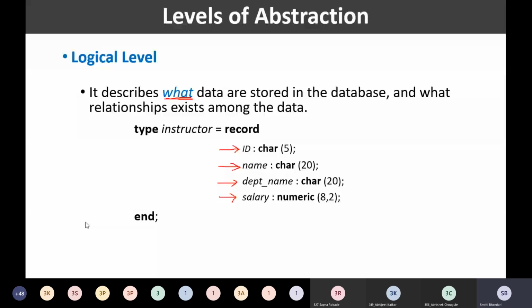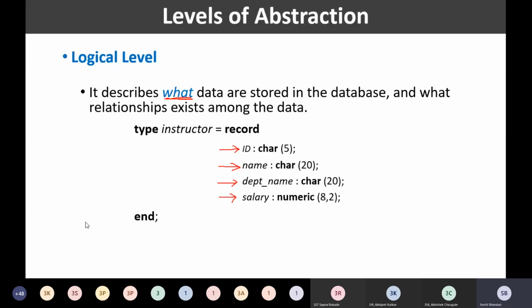So we are going to focus on that later, but the essence is that under the logical level, we define the structure, the way we are going to store the records: what information we would like to store and the format for the records used to store that information. At the physical level, we are concerned with how that record is actually stored in the storage device, and which kinds of data structures are used.